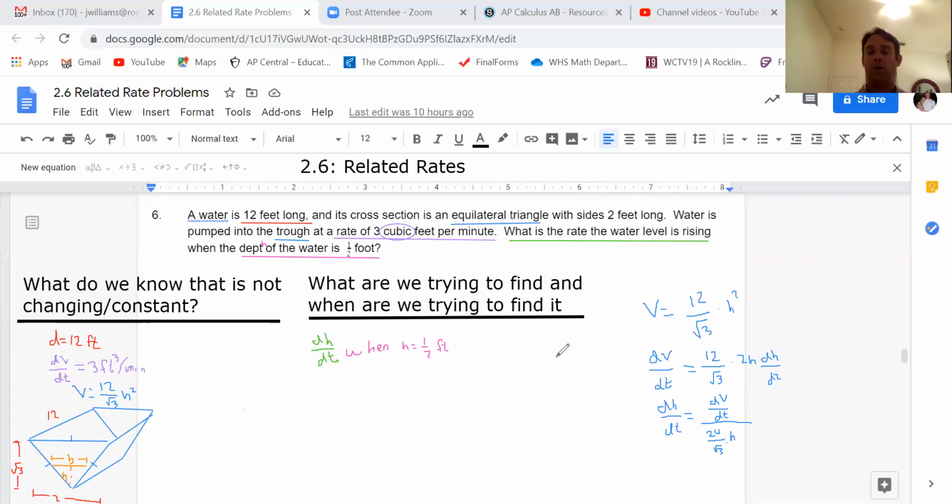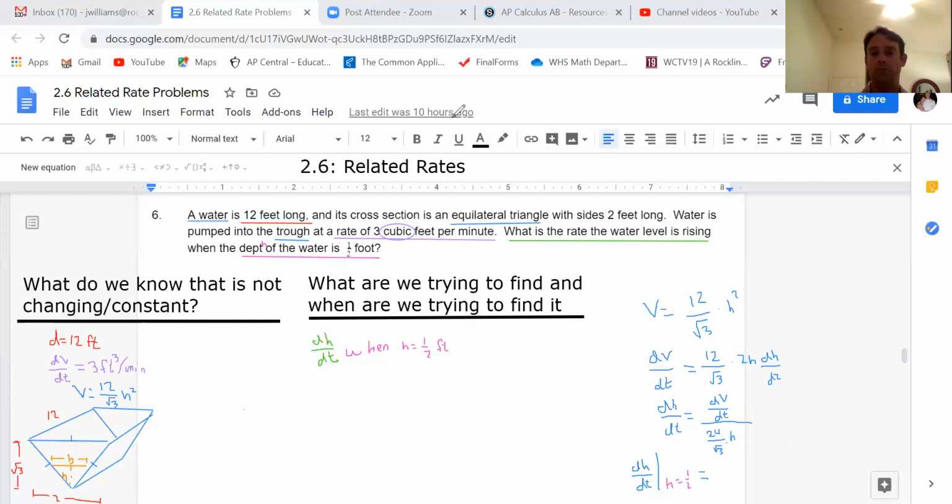All right, let's plug in our value. This was when h was 1/2, and again, we're keeping that good notation all the way through. So dV/dt, what was that?